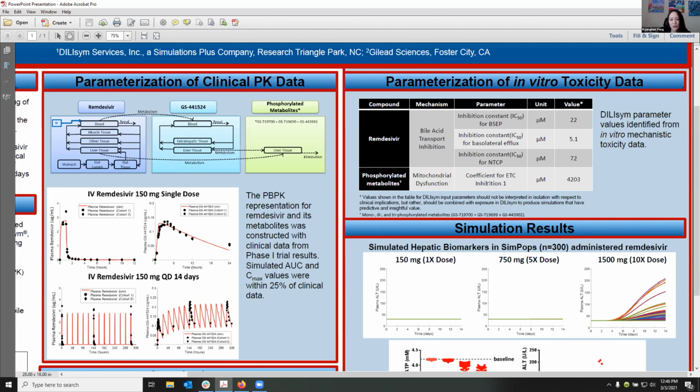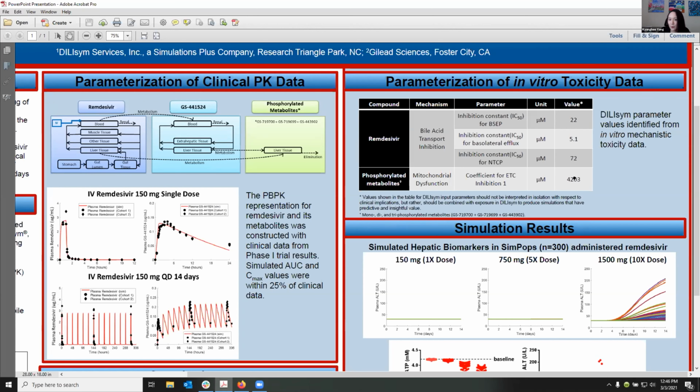And data showed a modest, very mild decrease in oxygen consumption rate, which is mediated by phosphorylated metabolites, indicating that these are mild mitochondrial electron transport chain inhibitors.